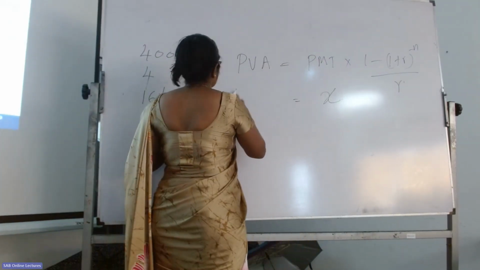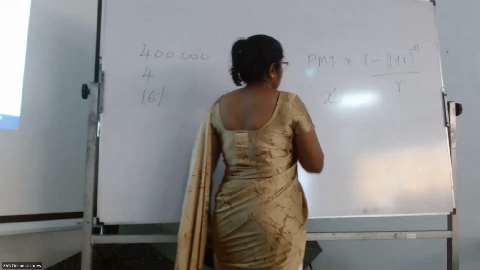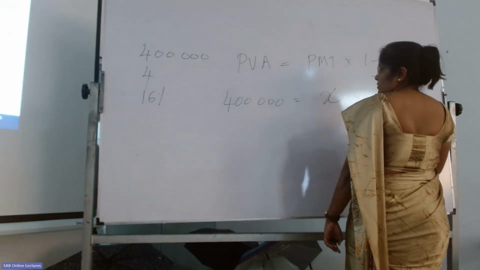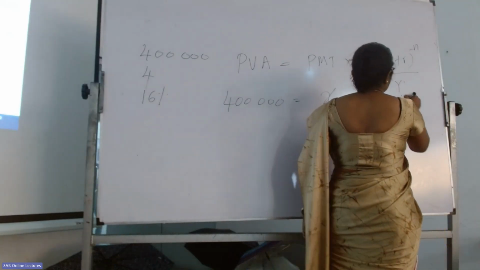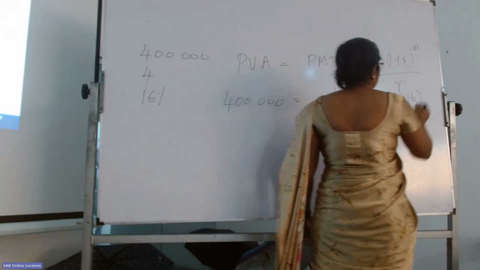The present value of the installments is 400,000. This is an annual installment, so you can take the 16% as it is. No need to convert it to monthly.